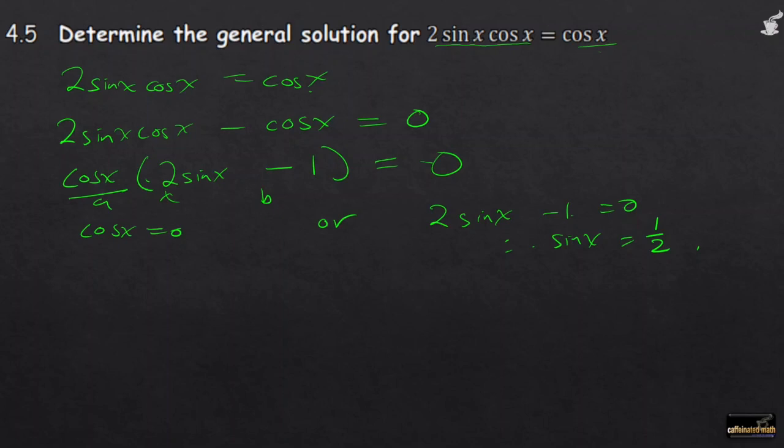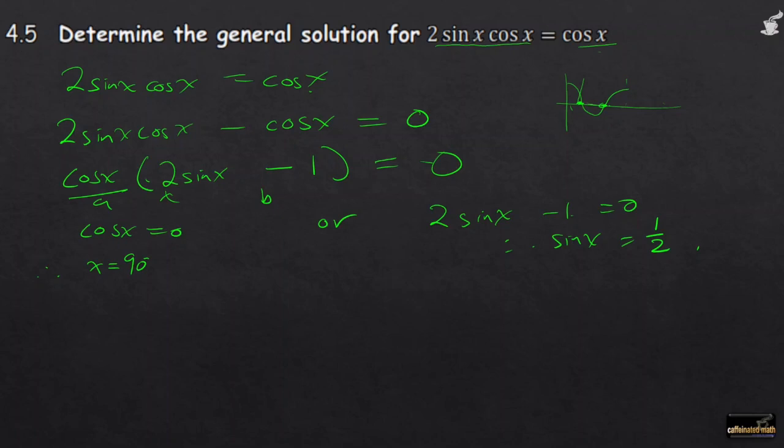Well, where is cosine x equal to 0? For this, graphical interpretation is most useful. So that value over there is 90 and that value over there is 270. Therefore, we can jump straight to the general solution, which is going to state that x is equal to 90 degrees.